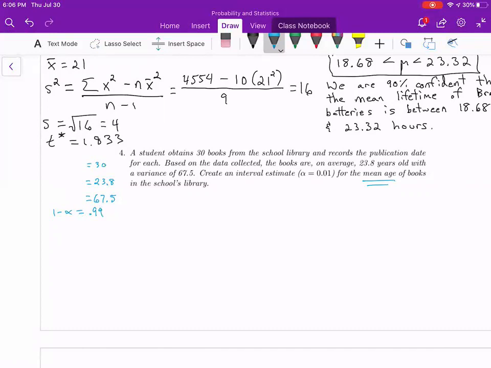So n is 30. That's right, Sydney. So your sample are the books, and you have 30 of them according to the first sentence. So we've got 1 down.